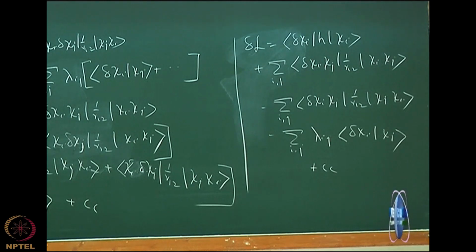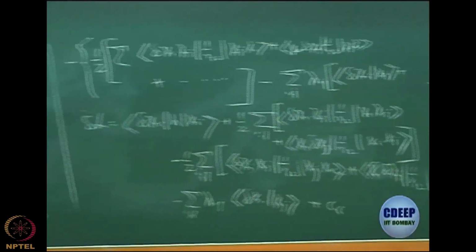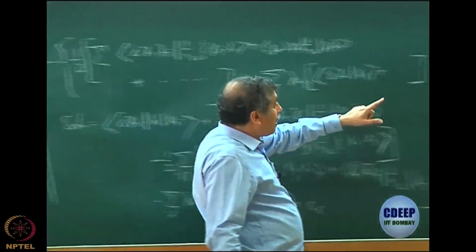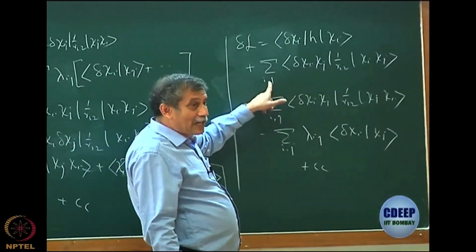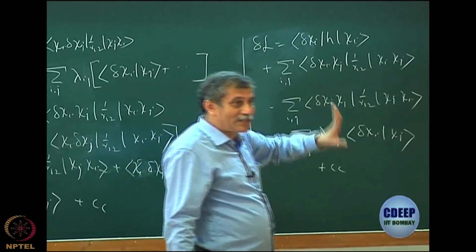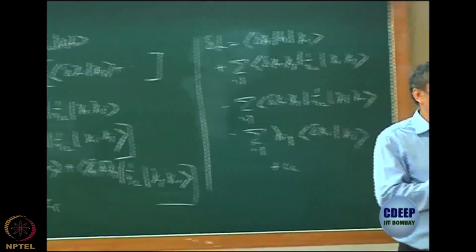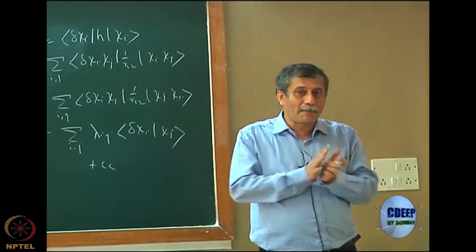When you wrote the energy, we could remove the half by saying i less than j. Here also half is removed, but it is not i less than j. It is all i, all j. So just note this little difference. Here half got removed in a different way because I have combined these two terms.